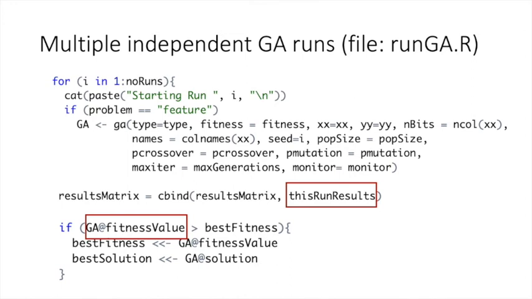Notice capital GA is an object returned by the function call to the genetic algorithm earlier. The capital GA object in turn contains many variables, and the GA @fitness value shows the best fitness achieved in the most recent run. If this fitness is better than the best of all the previous runs, then we just update it.